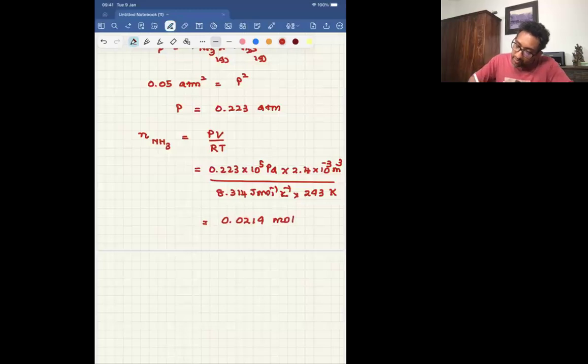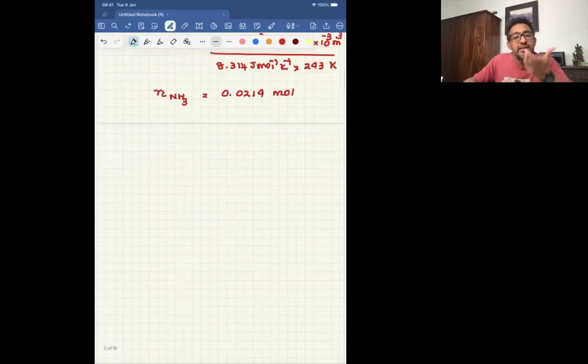So the number of moles of ammonia formed is this, and that is the amount dissociated. Number of moles of ammonia formed is the amount dissociated. Is it clear? Everybody understood that. So now let us say what is the percentage of ammonia formed?